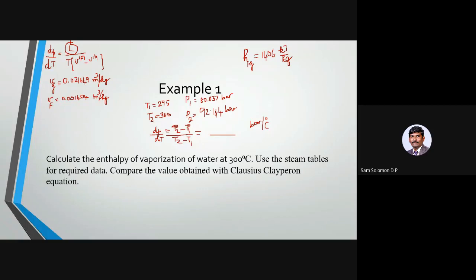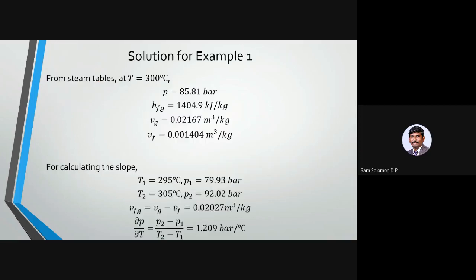Let's see what answer the book value gives us. The steam tables which the book has referred to give an hfg value of 1404.9. For me, it was 1406. The actual hfg value is 1404.9.